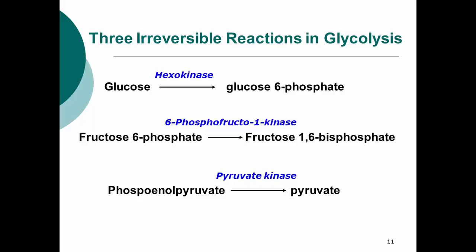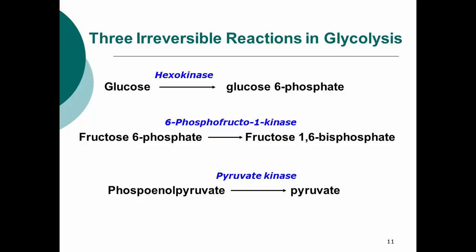Glucose can only be converted to glucose 6-phosphate by hexokinase. So hexokinase is only able to catalyze the conversion of glucose to glucose 6-phosphate, and is not able to convert glucose 6-phosphate back to glucose, right? So that means we need different enzymes or reactions to convert glucose 6-phosphate back to glucose.